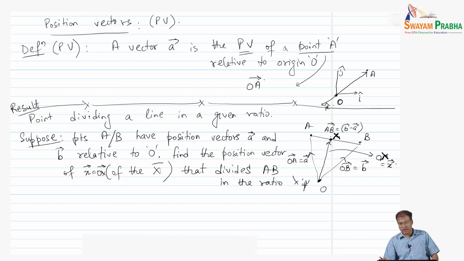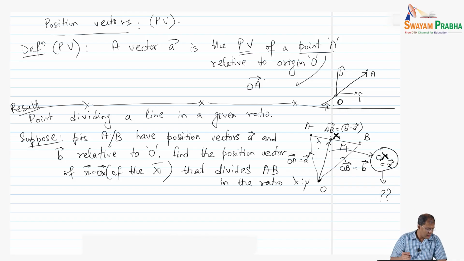The problem says this point X divides the line AB in the ratio lambda to mu, and we need to find this position vector OX. This is not known. The information given is that the point X divides the line segment AB in the ratio lambda is to mu.